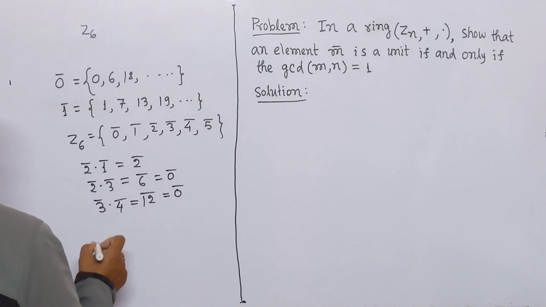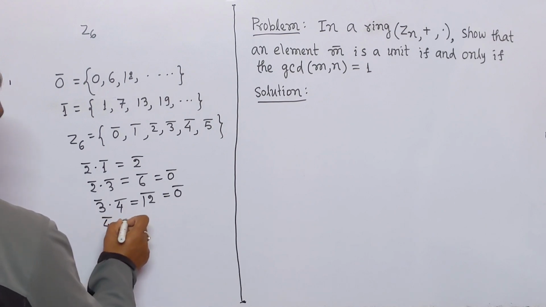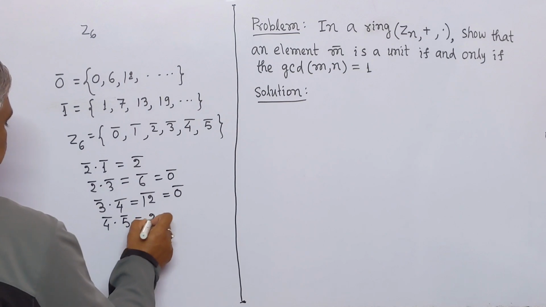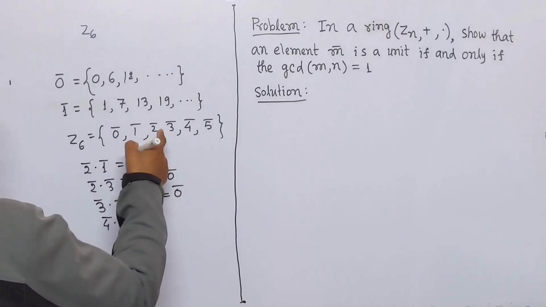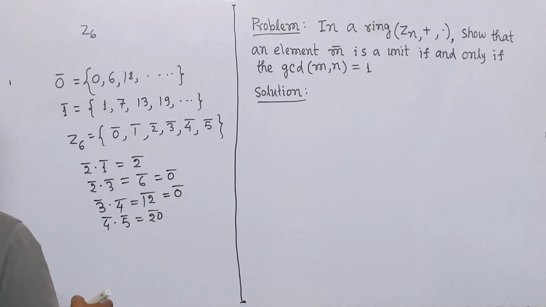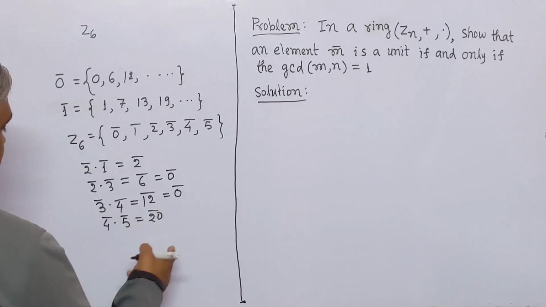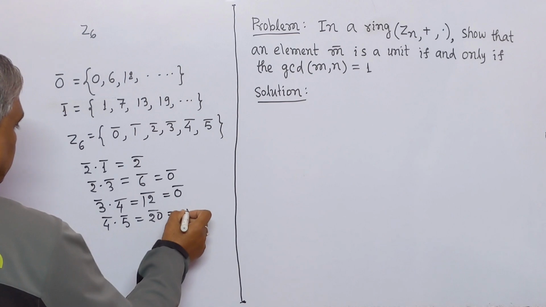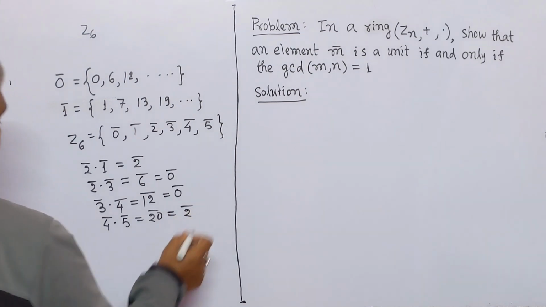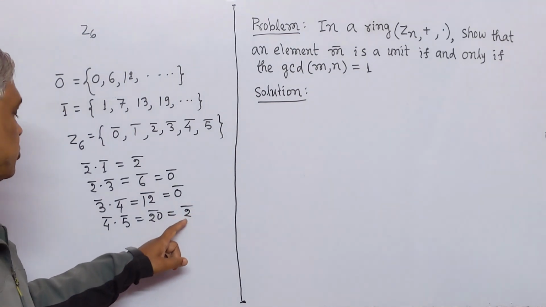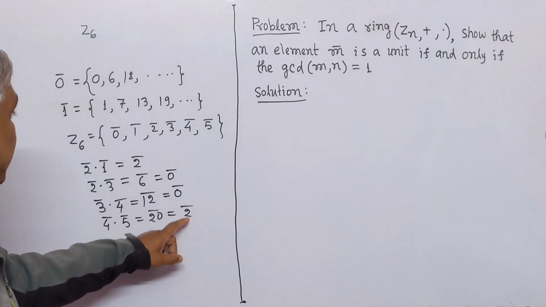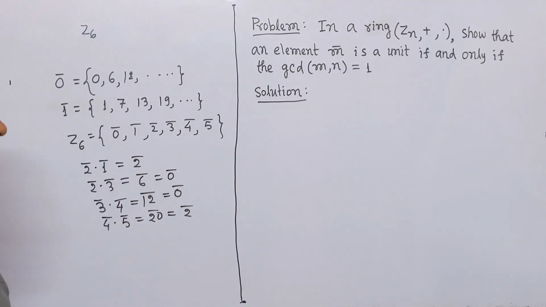If we multiply 4 bar by 5 bar, means 20 bar. Here 20 bar is not an element of Z6. So we divide 20 by 6, we get remainder 2, and result is 2 bar. This 2 bar is an element of Z6.